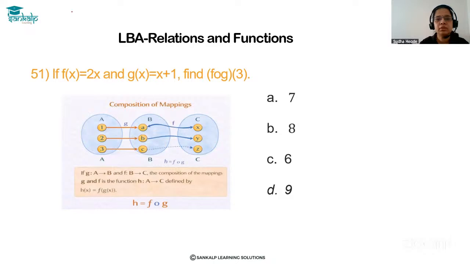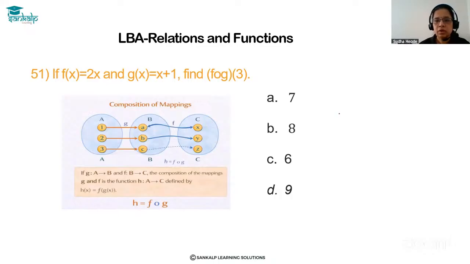Hi everyone. The question is if f of x is equal to 2x, g of x is equal to x plus 1, then you need to find f composition g of 3. Okay.